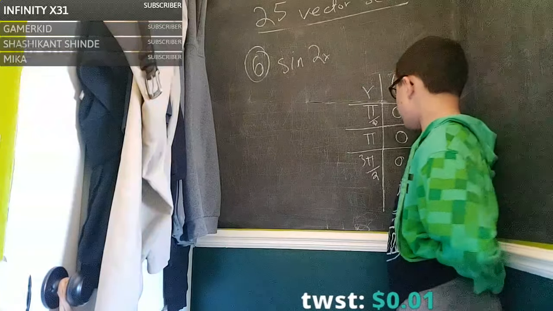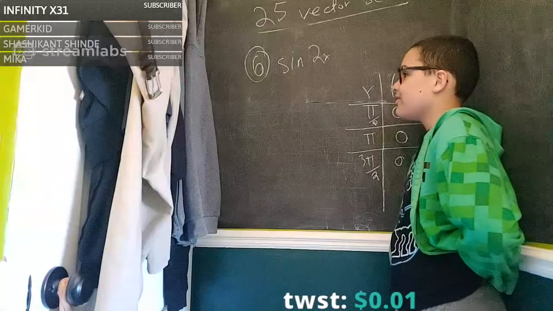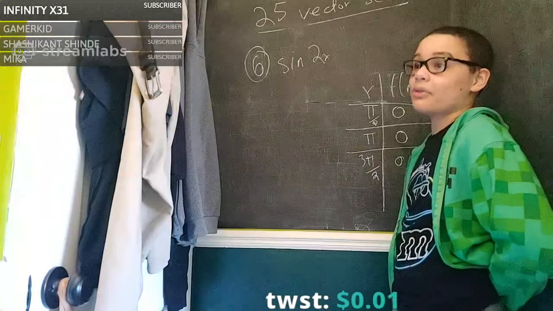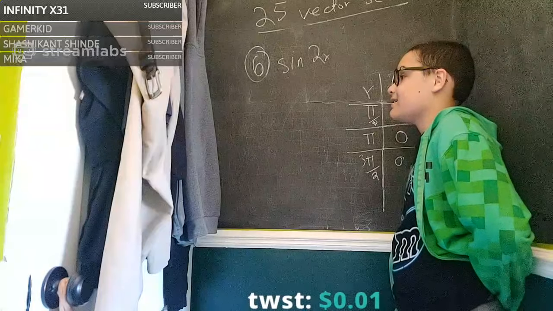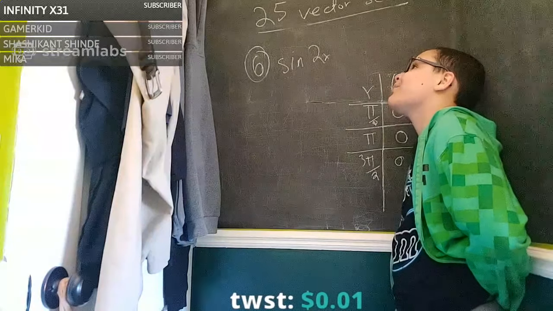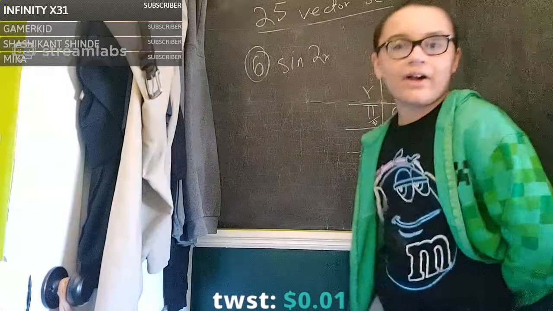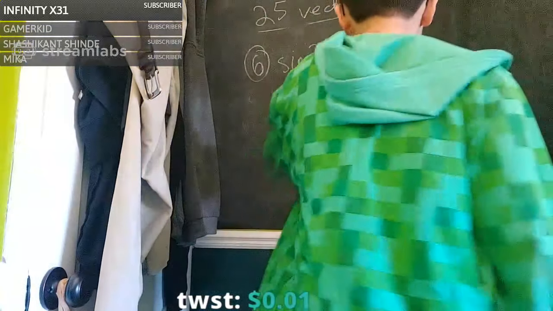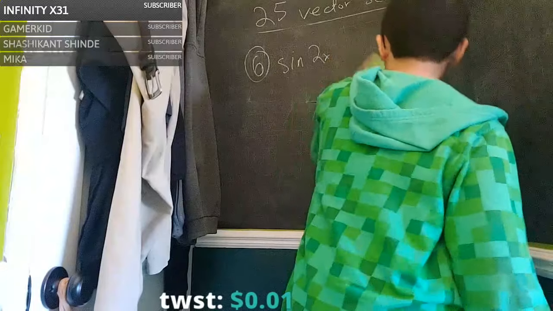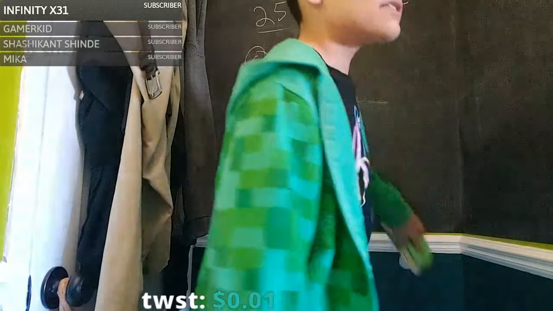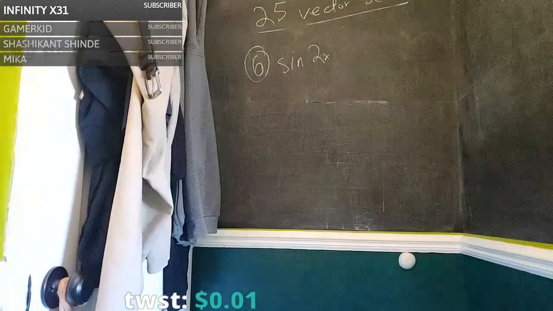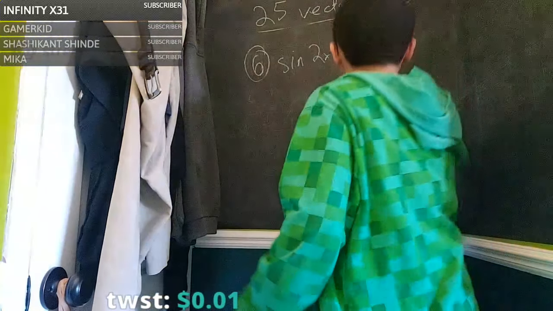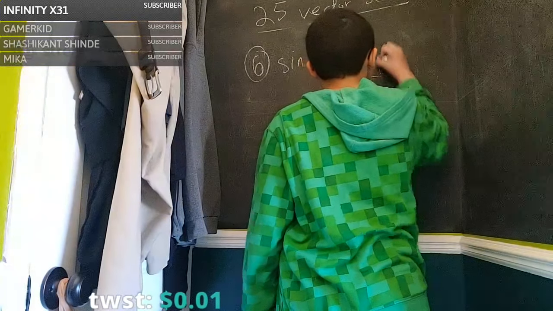So, am I missing something? Or should I be using other things? Should I potentially be trying other multiples of pi? I could be trying pi over 4. That's a good idea. Thanks, me, who said that. So I can do two columns, x and f of x.